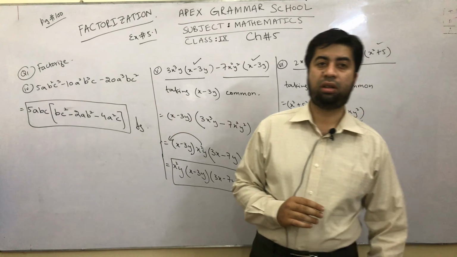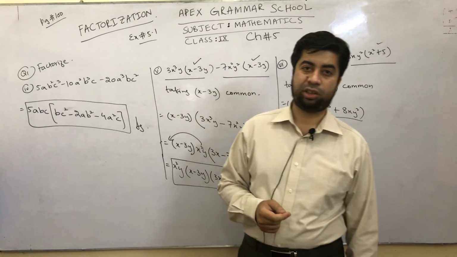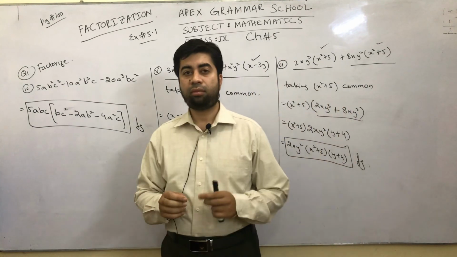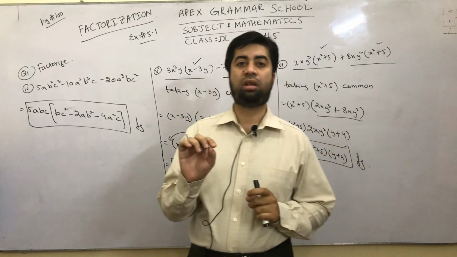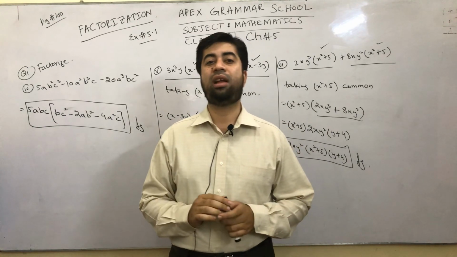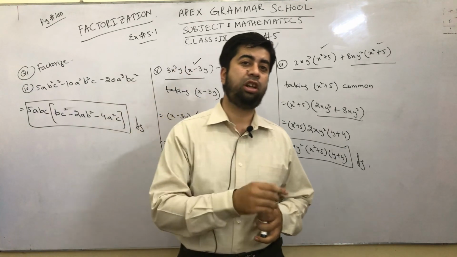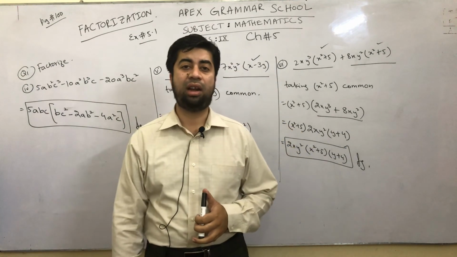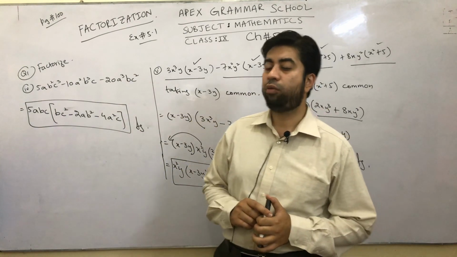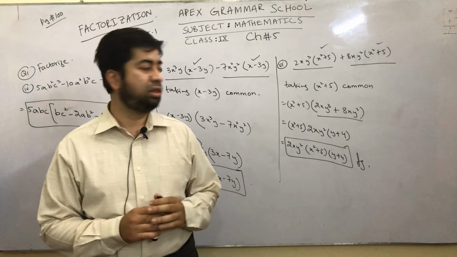to factorize any expression. First you have to see whether within any expression there is anything common. That expression is totally separated by the positive signs or negative signs. And for variables, you have to take common the very lowest power.